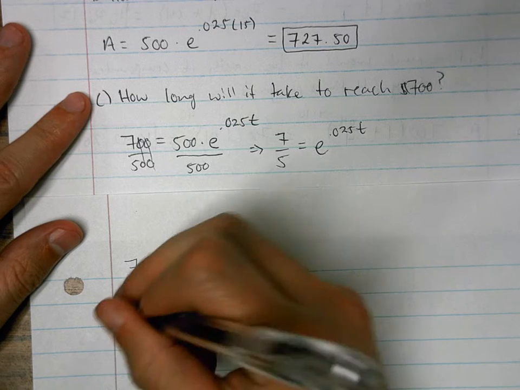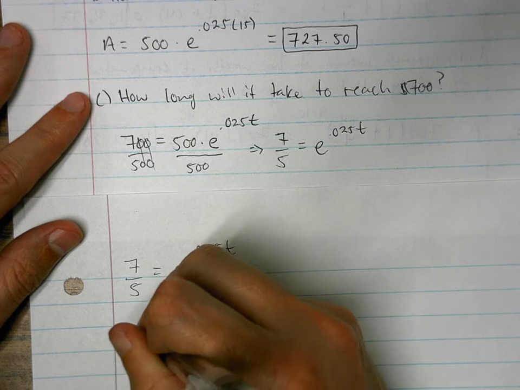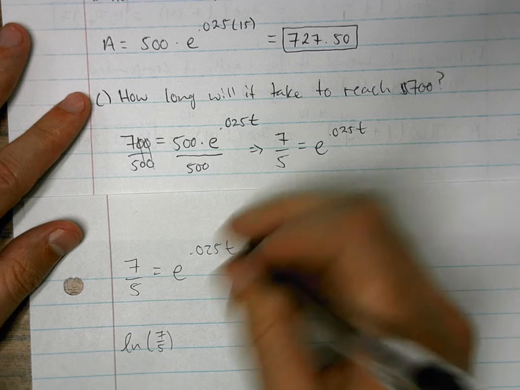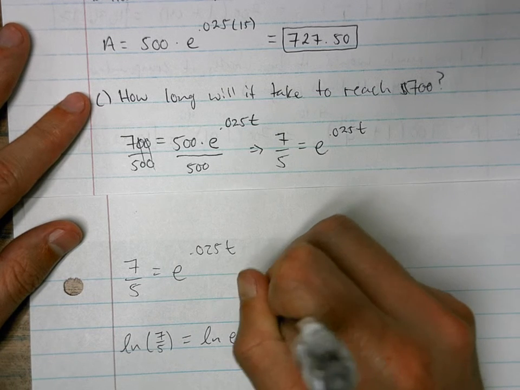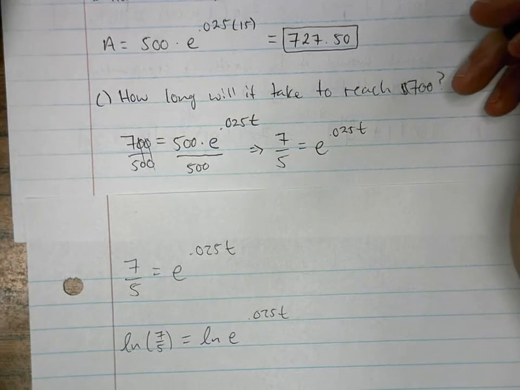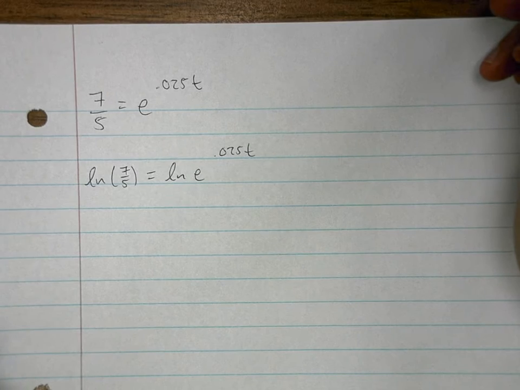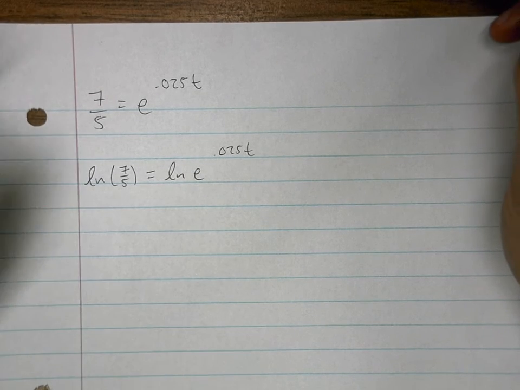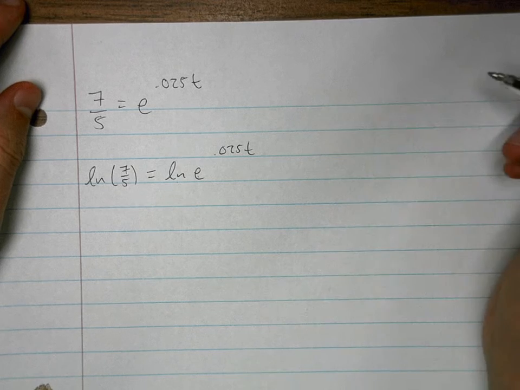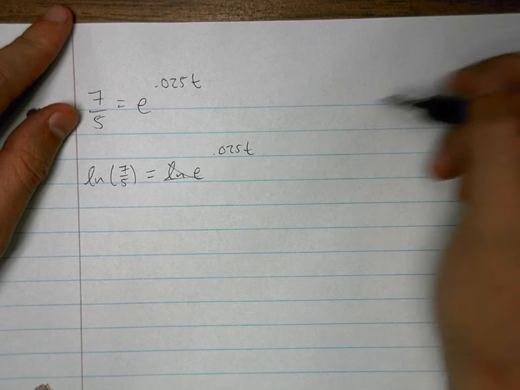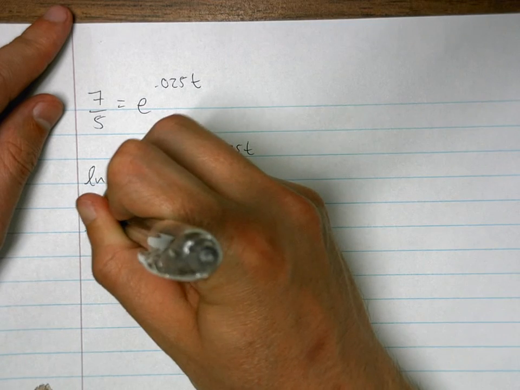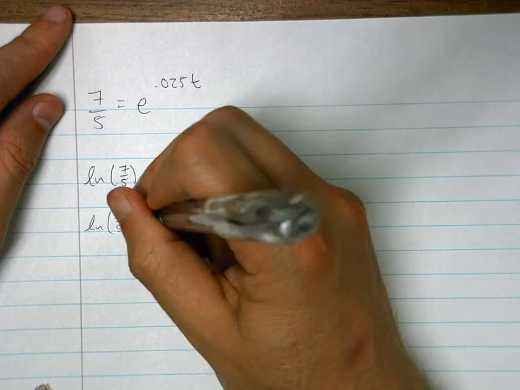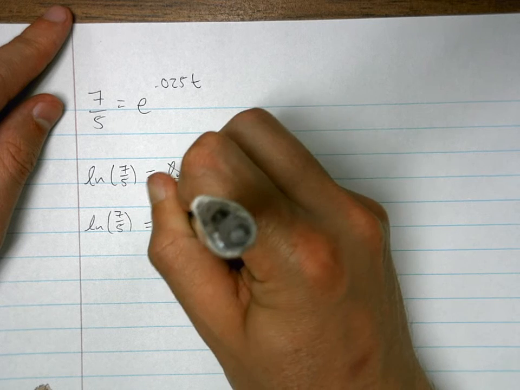So this is ln of 7/5 equals ln of e to the 0.025t. ln and e will cancel each other, so they go bye-bye. So I get ln of 7/5 equals 0.025t.